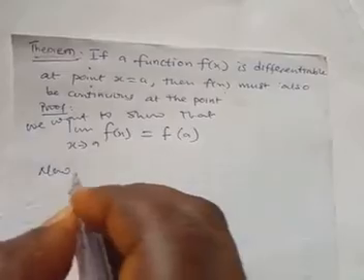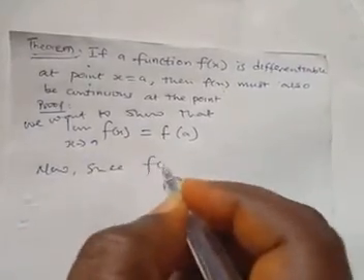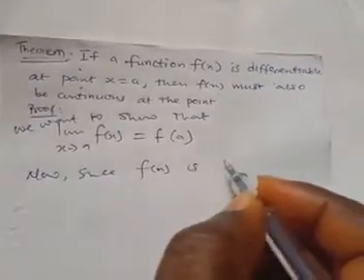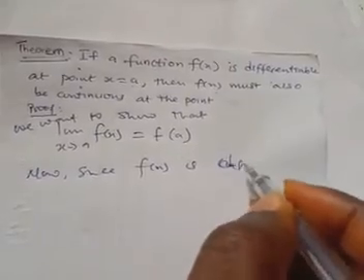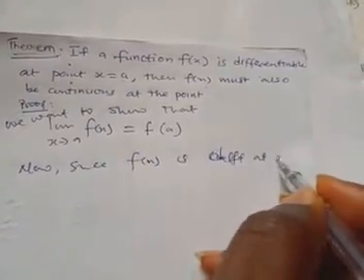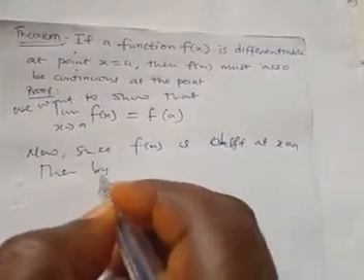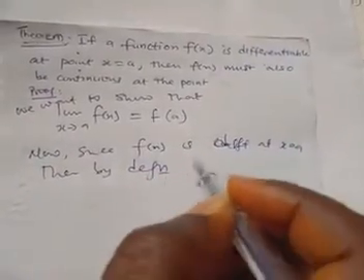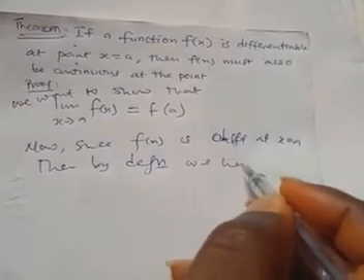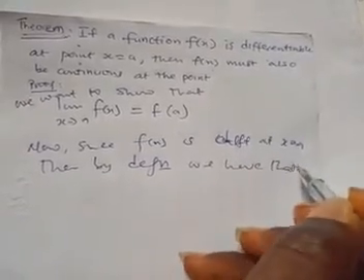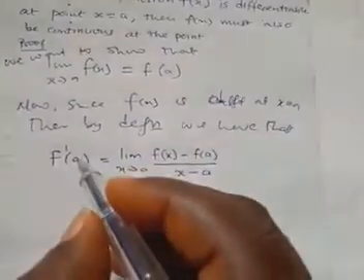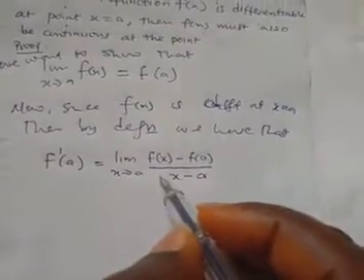Now, since f of x is differentiable at x equal to a, then by the definition of differentiation we have that f prime of a is equal to this by definition.